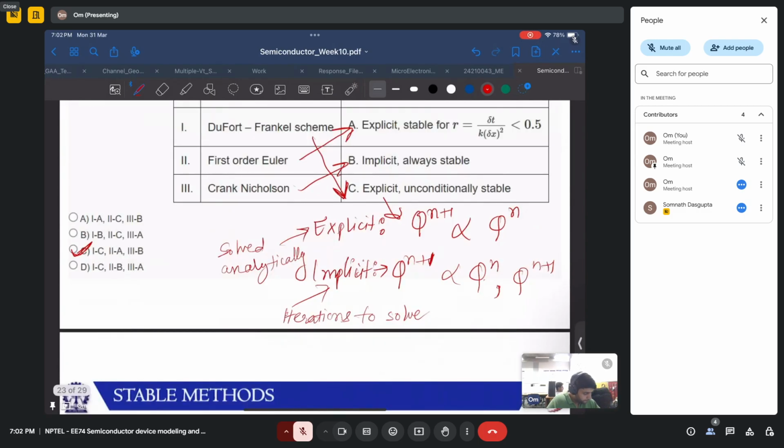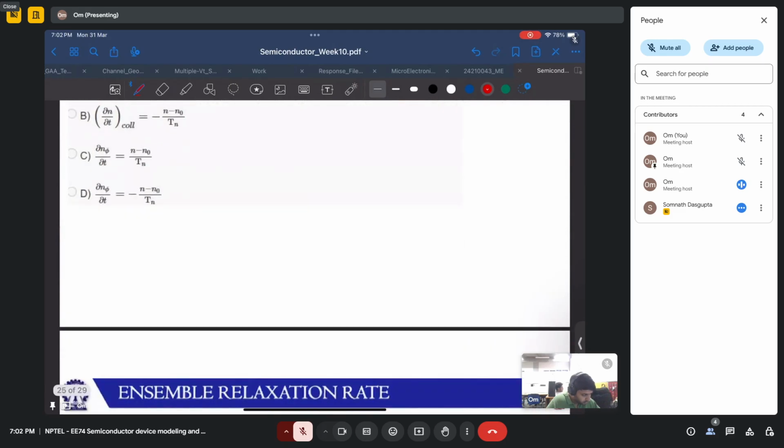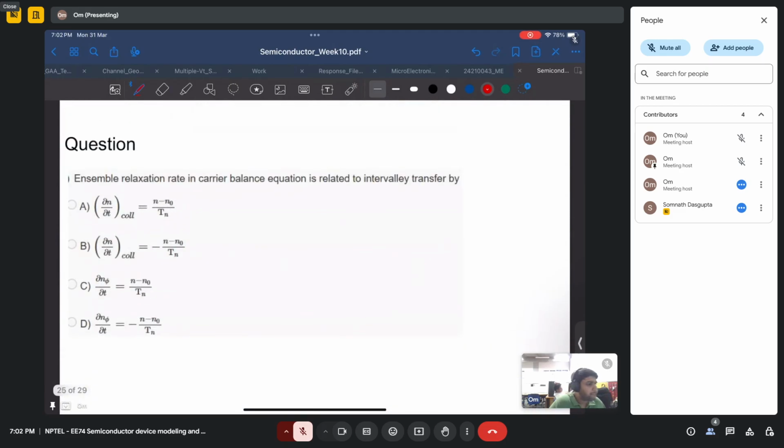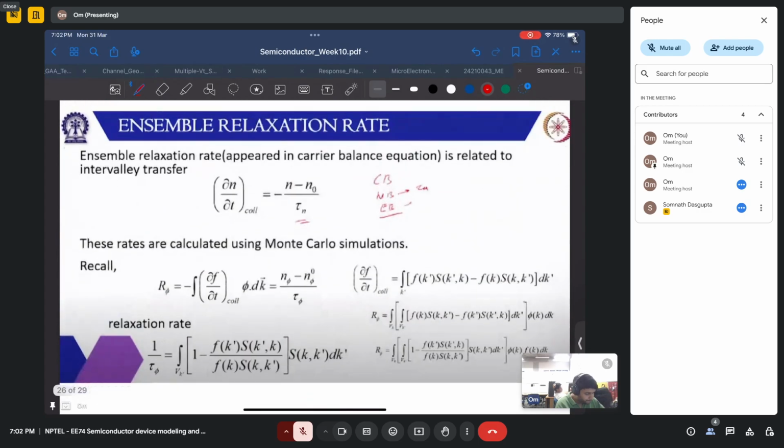Okay. Next is this. Ensemble relaxation rate in carrier balance equation is related to inter-valley transfer by. Right.